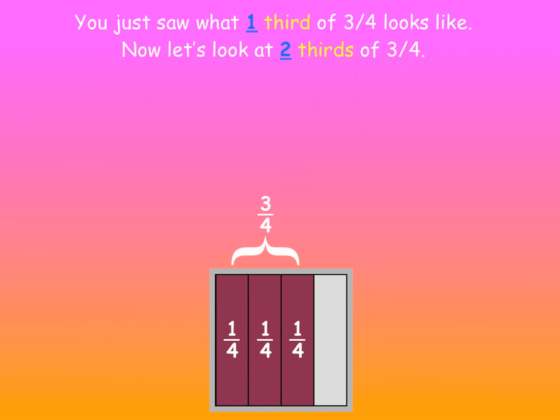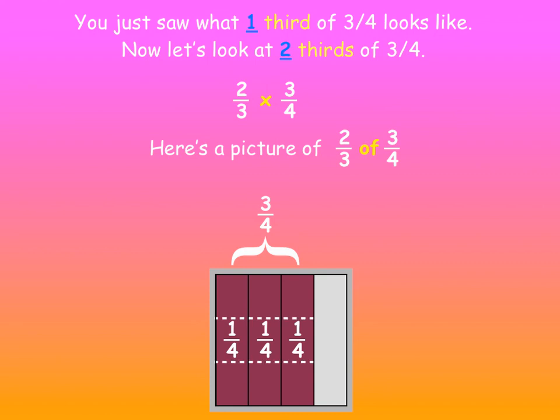Now let's take a look at 2/3 of 3/4. So here's a picture now of 2/3 of 3/4. Well, we already are showing 3/4 down below there. How will we do 2/3 of that? Well, we'll cut each colored section into 3 parts.